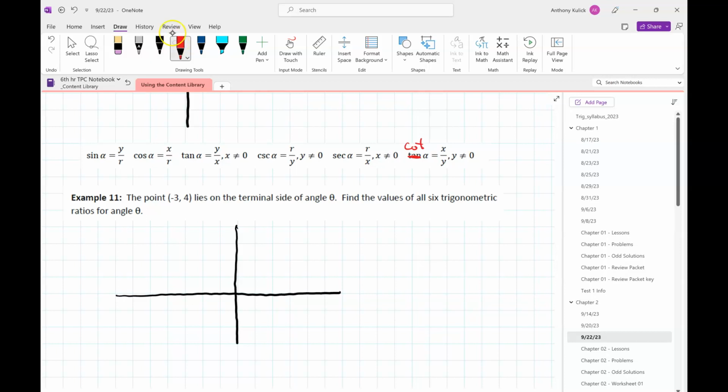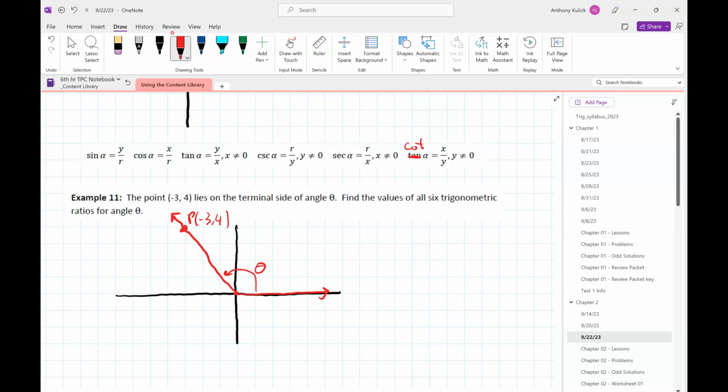Well, let's start by drawing our picture. So -3, 4 is up there. So our initial side, our terminal side, that's our angle theta.